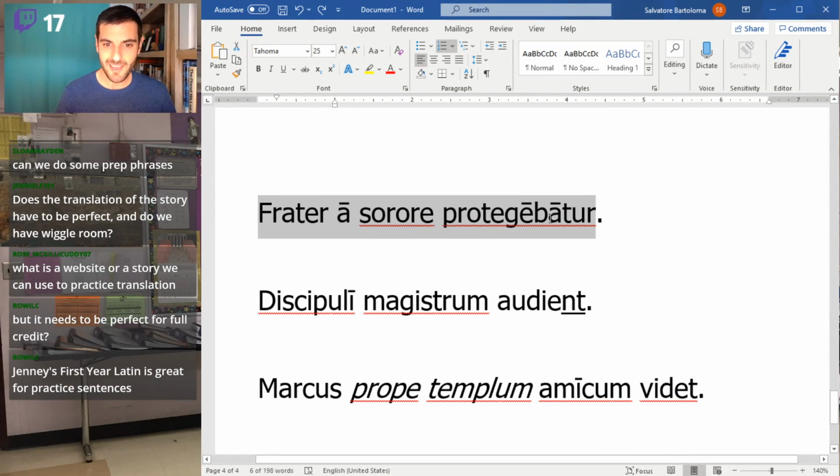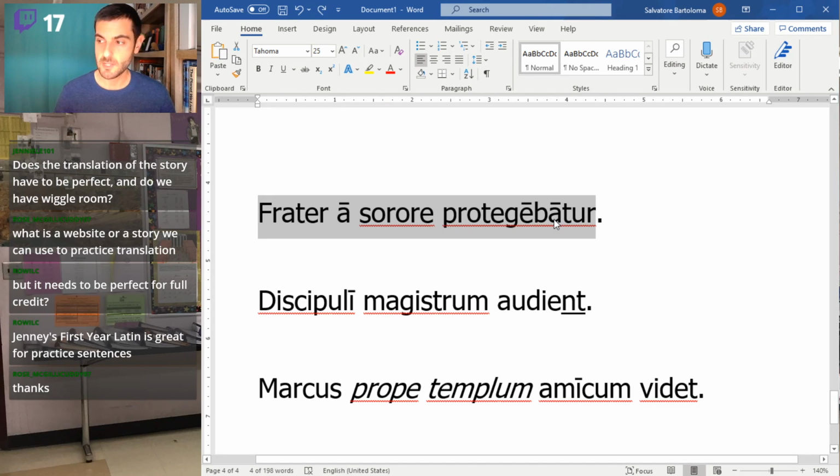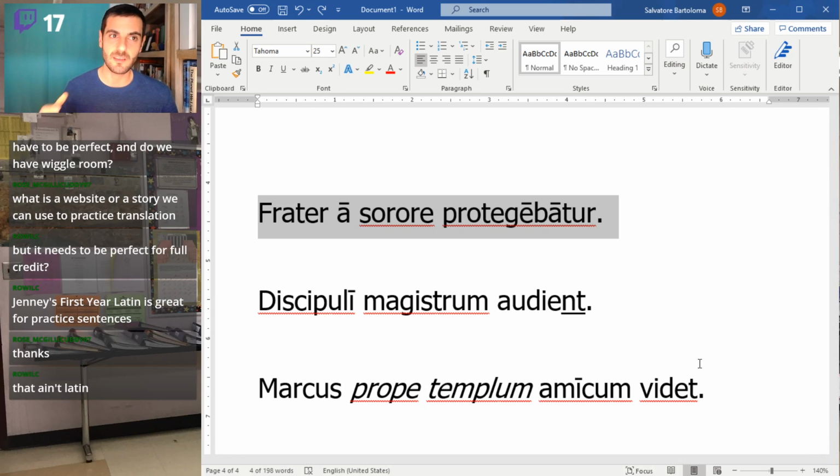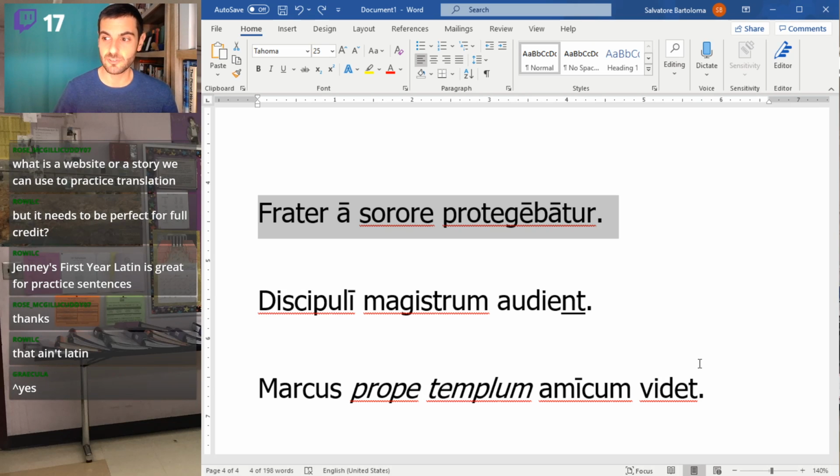If you look at these words and you don't think about the grammar and you just say to me, this means brother, this means sister, this means protect, and you say the brother and sister protect, I'm really tempted to give you 0 points on that, because that really isn't an effort to translate a sentence. That is you essentially spitting vocabulary at me. You're pretending to be a dictionary. That's not what I'm looking for.